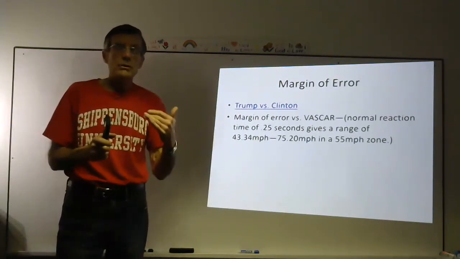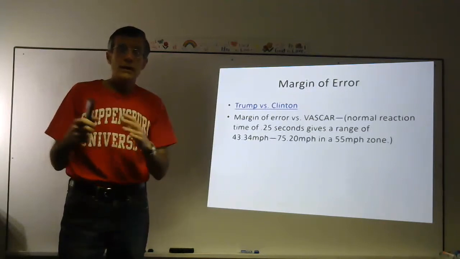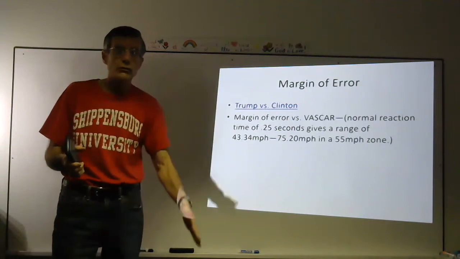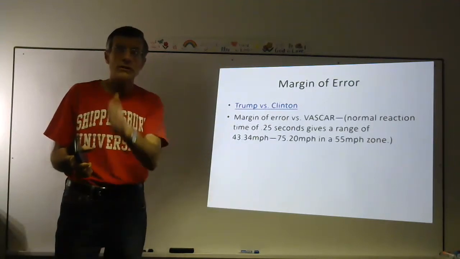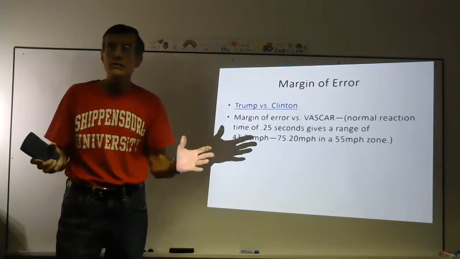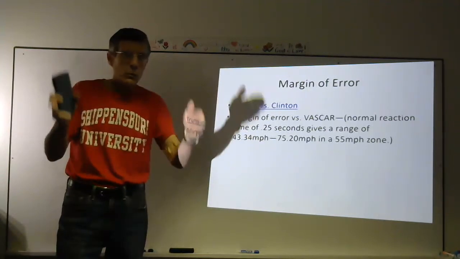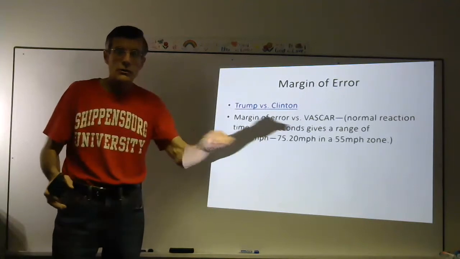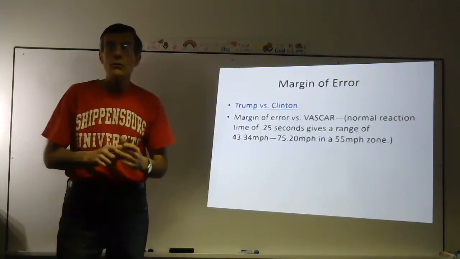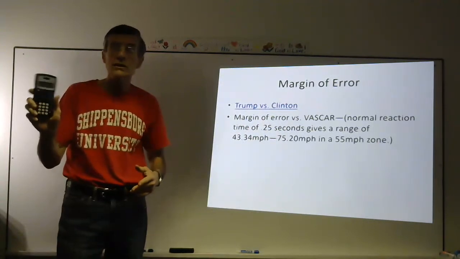A cop will sit alongside a road where he has drawn white lines across the road perpendicular to the sides. Drive through Selinsgrove, you'll see these on many of the side streets. If you see white lines going across the road, you know that a policeman could be sitting there with his VASCAR machine, okay?